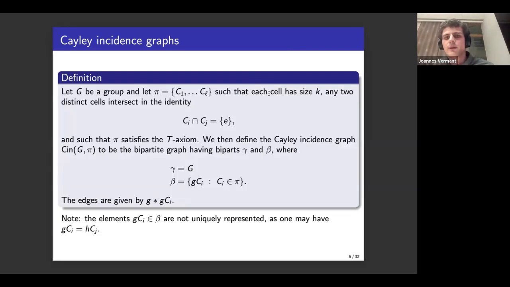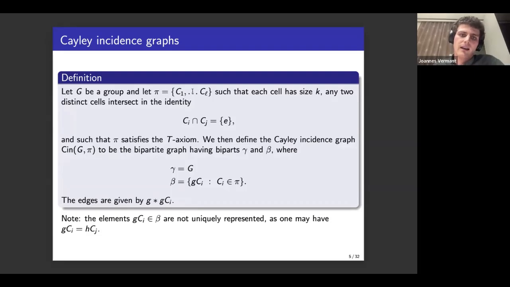First of all, we assume that each cell has the same size k, where k is some integer, and any two distinct cells intersect only in the identity. The reason that we take each cell to have size k is because one wants the bipartite graph to be biregular, and this ensures that this will be the case.